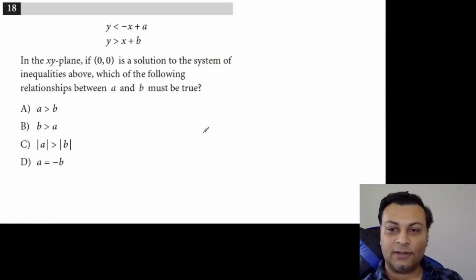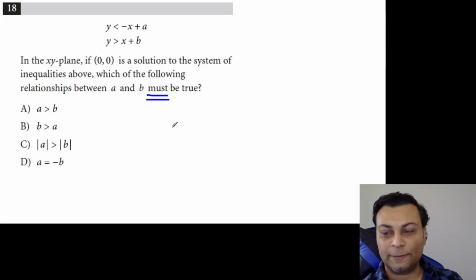18 says, in the xy plane, if 0, 0, the origin, is a solution to the system of inequalities above, which of the following relationships between A and B must be true? Has to be true. Okay. 0, 0 is a solution, so you can plug in 0 for x and 0 for y.